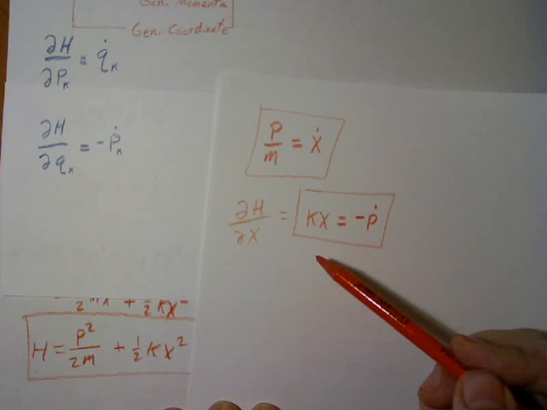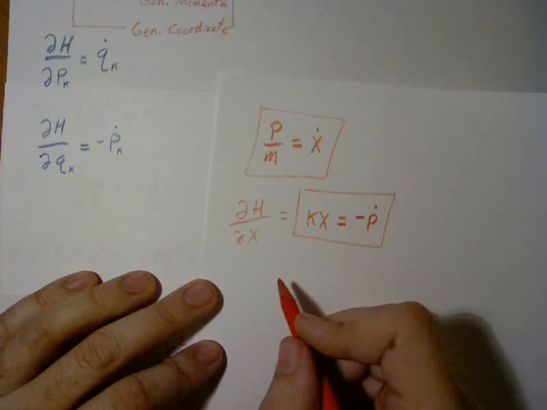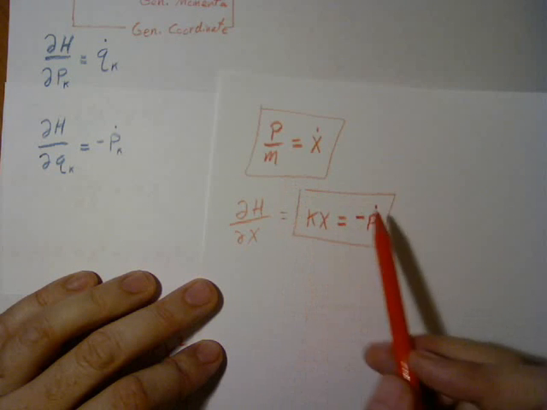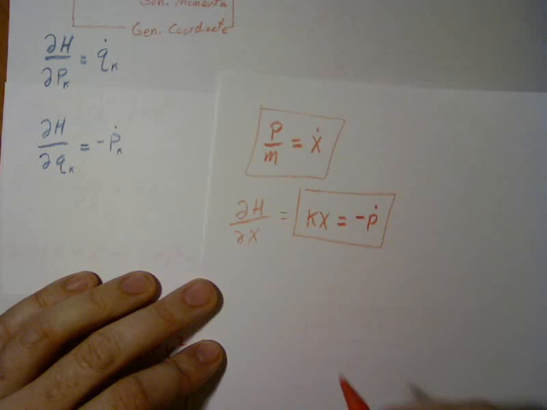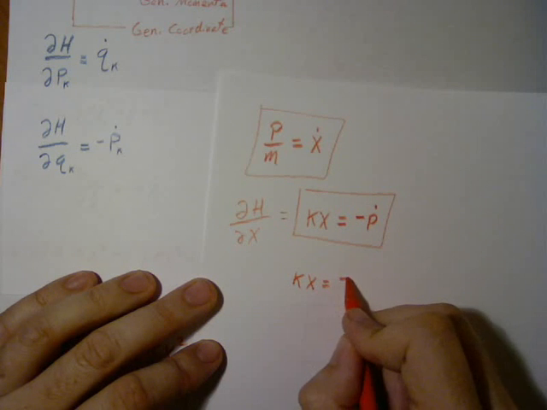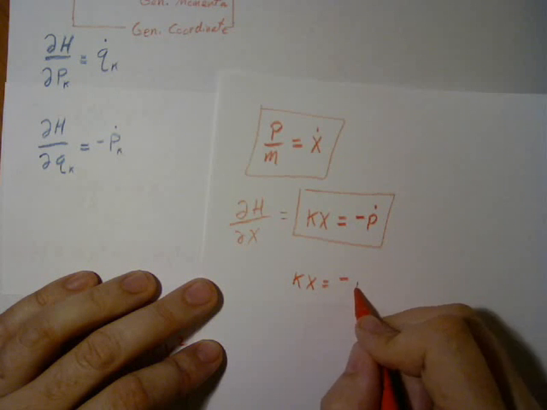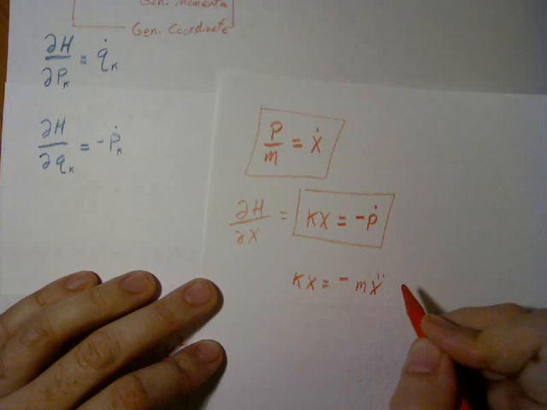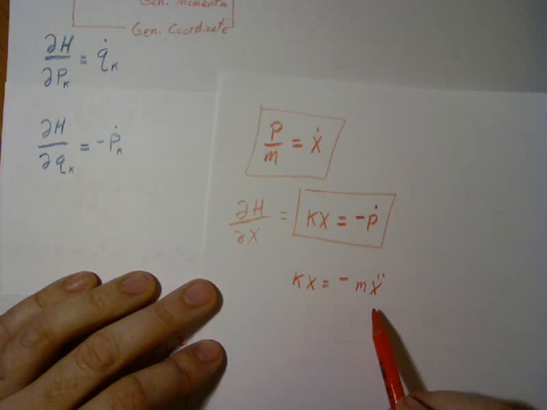In order to get our equations of motion, we need to combine these two equations. We can do that by taking the time derivative of this and substituting it in here. We will get k x equals negative m x double dot, which is exactly the same equation of motion we got in the Lagrangian.